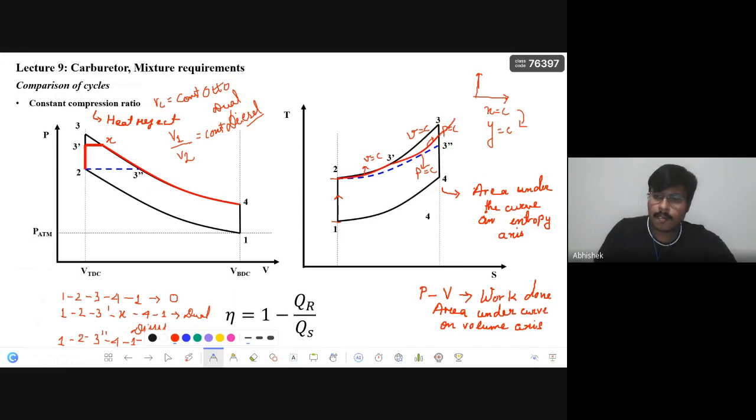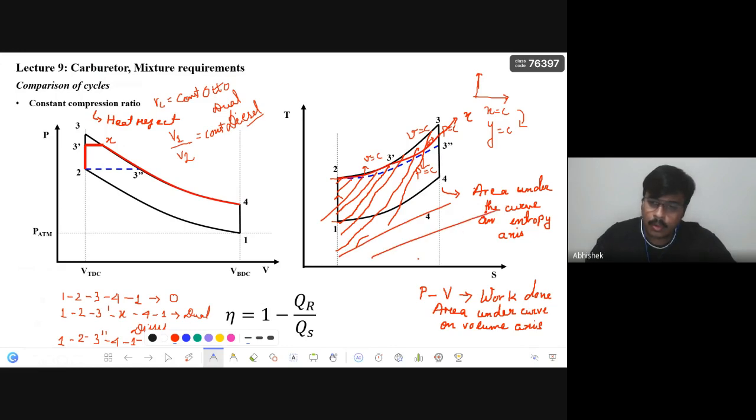This is X. So if you see the heat addition process for the Otto cycle, let me draw the heat supplied in the Otto cycle. Sorry about the lines.